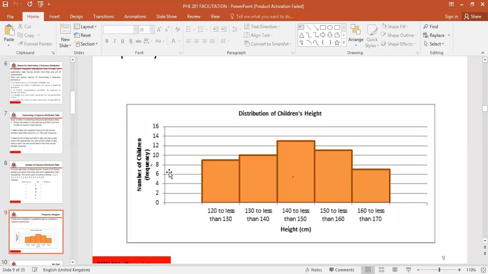So it might not be 9 really, but at least let's assume it is 9. So we can see that this is 9 here.